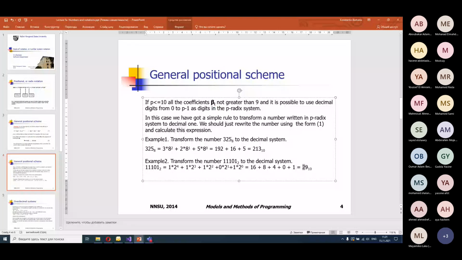When people created the very first computers, they tried to use a decimal system of notation, but it's very hard to implement an electronic device that can support decimal numbers.